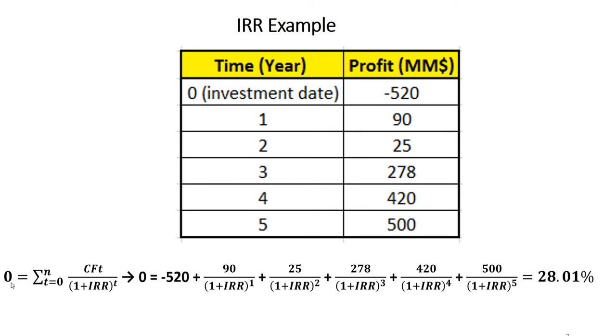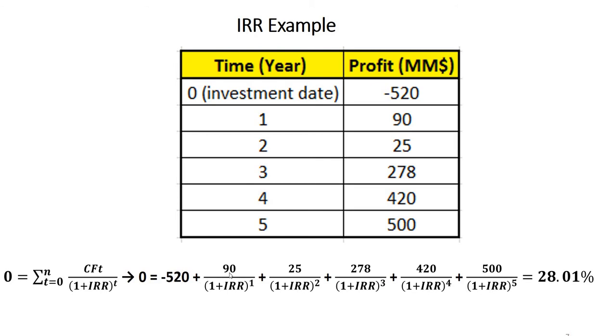So if I say 0 is equal to the summation of my cash flows divided by 1 plus IRR to the power of t, that means 0 is equal to negative 520 at year 0, because negative 520 divided by 1 plus IRR to the power of 0 is going to be 1, so you're left with negative 520.